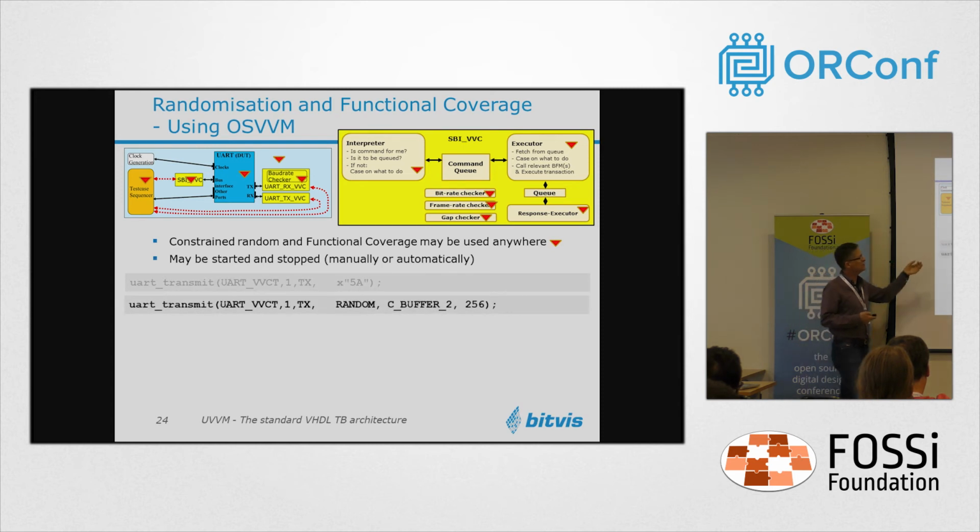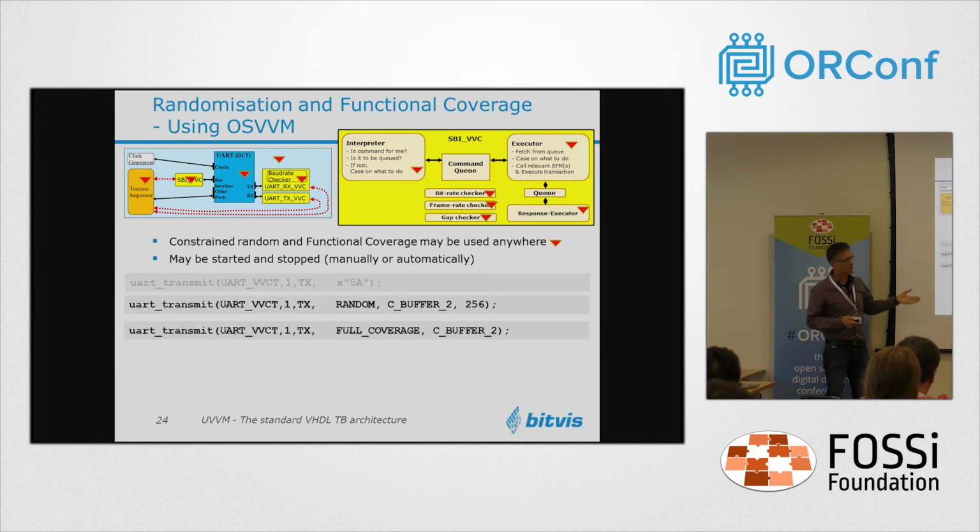And it can be started and stopped and controlled via sensible commands. So rather than using the UART transmit and some given data, you can use the same command and say, I want to provide random data, 256 of them, and I want to put the result into this buffer. And I can do the same for coverage, to send out a command to say that I want to have received data now with full coverage and put the data into this buffer.